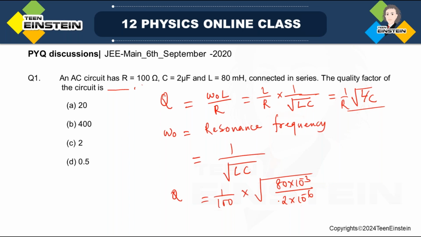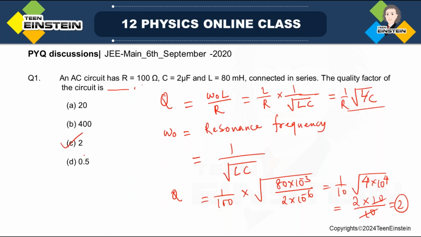Then we have here 100 and here it will be 10 to the power 4. So you get 2 into 10 in the numerator and 10 in the denominator, so it will have the value 2. I'm sorry, this is actually not a numeric type question.